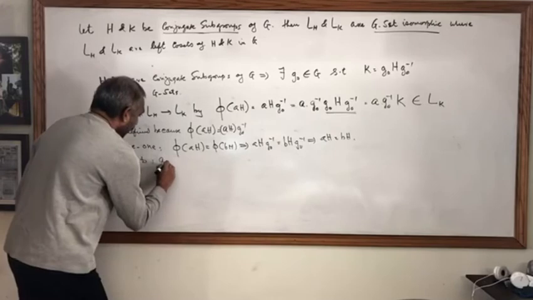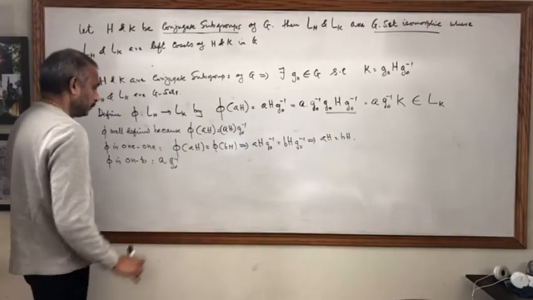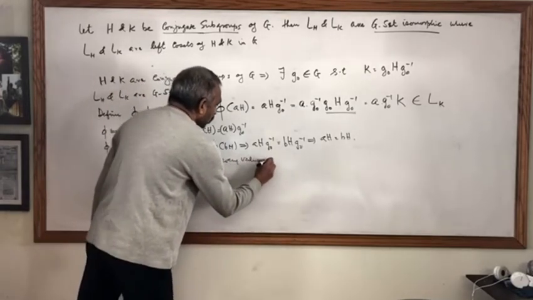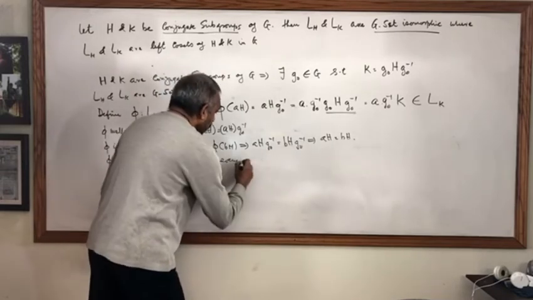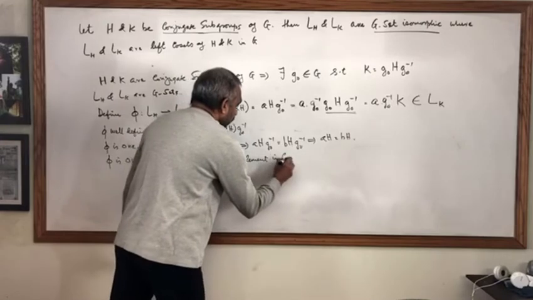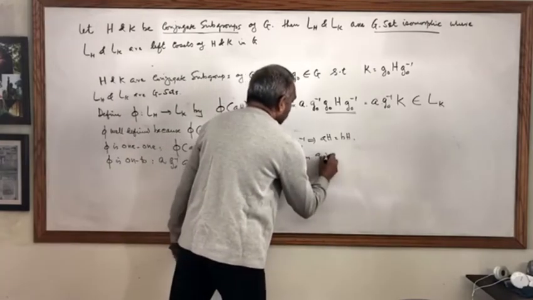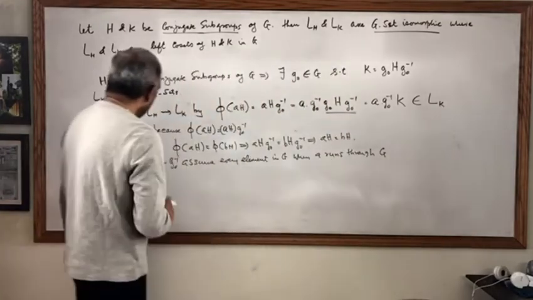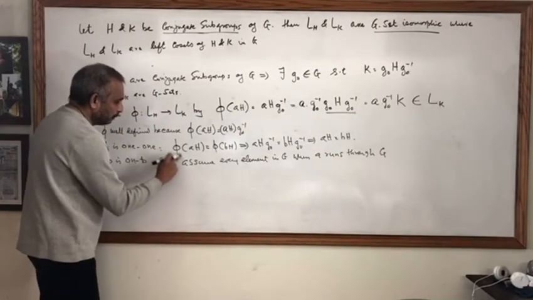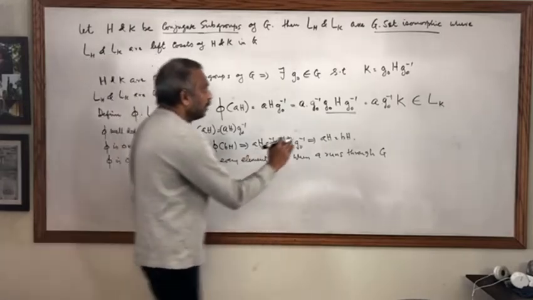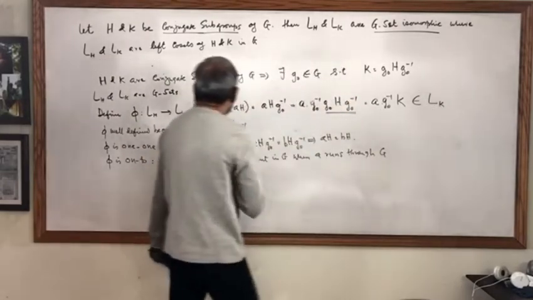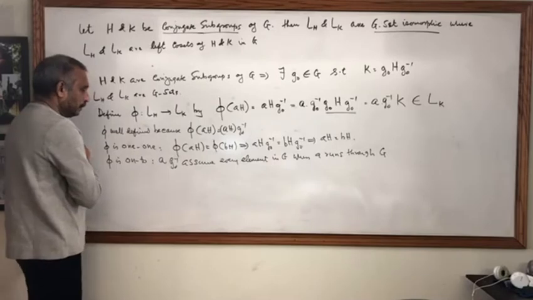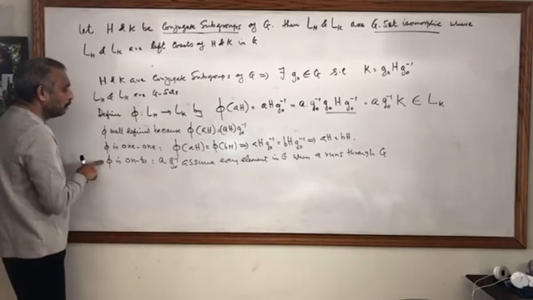So A G0 inverse assumes every element in G when A runs through G. When A goes through G, this will become every element of G, and that means for every element of LK there is an element in LH that is mapped using this phi. So this is a bijective map.